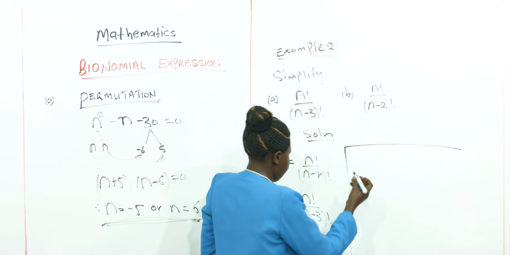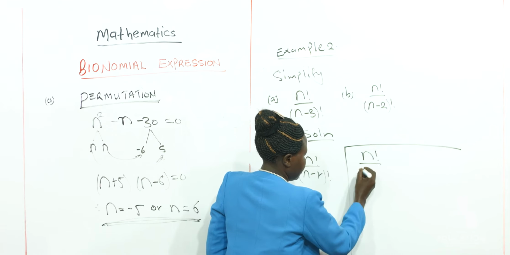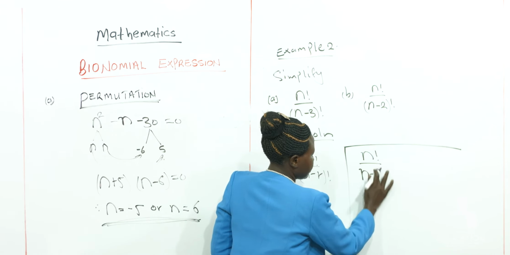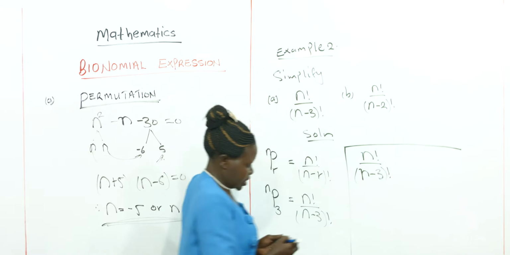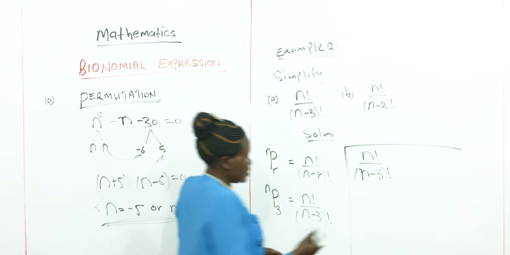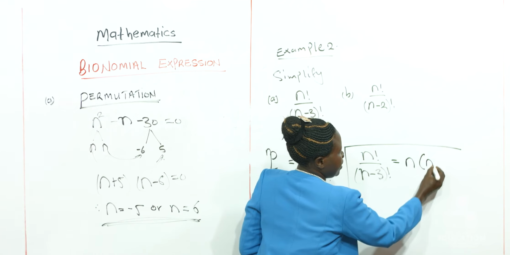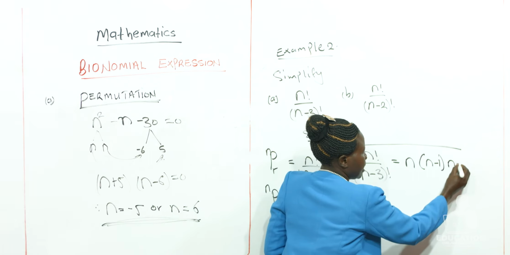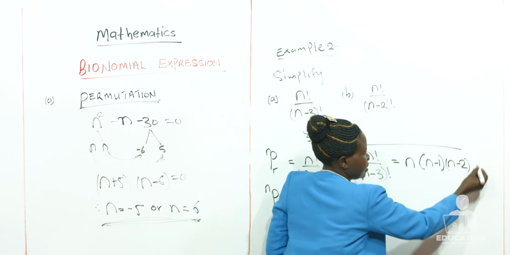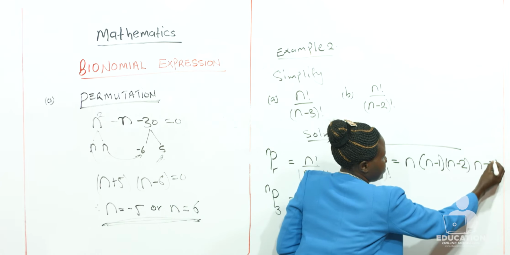So we shall have n factorial over n minus 3 factorial, which will give us now n into n minus 1 into n minus 2 into n minus 3 factorial.